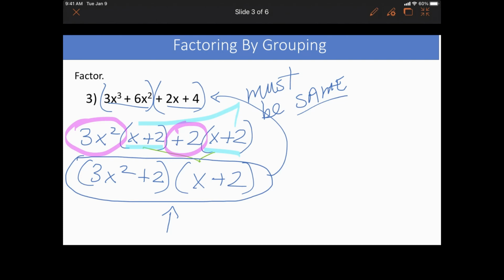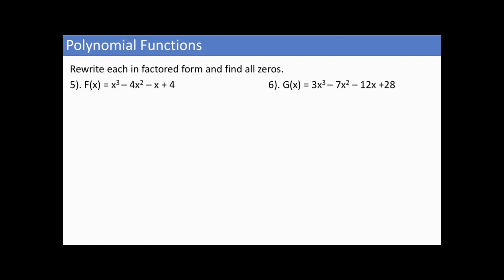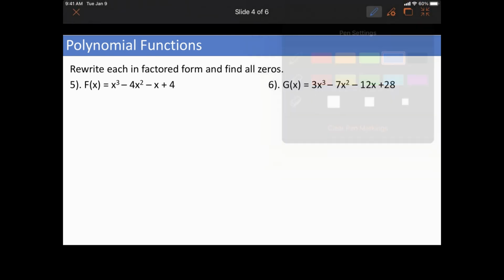Okay. So let's actually get to our polynomial functions. It says to rewrite in factored form and find the zeros. So I'm going to do this by grouping. It's not always self-evident in grouping, so sometimes you have to start. But in this one, I can see there's a 1 and a 4 and a 1 and a 4. That might be a clue that I can definitely factor by grouping.